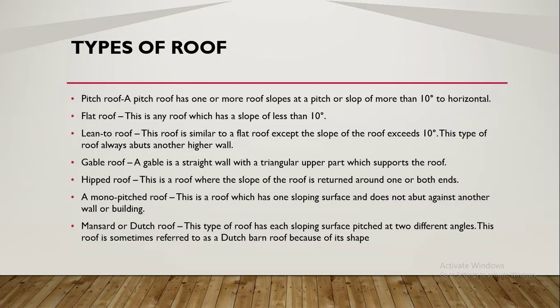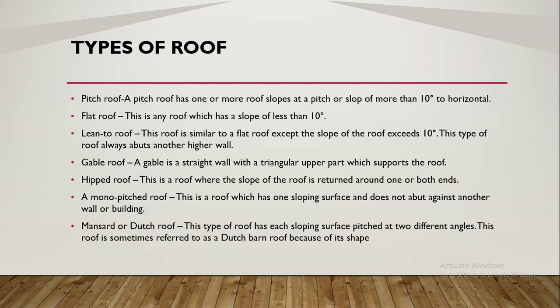Then gable roof. A gable is a straight wall with a triangular upper part which supports the roof. So you will find in gables one part is high and the other one is low. The degree of inclination exceeds 10. Then hip roof. This is a roof where the slope of the roof is returned around one or both ends.